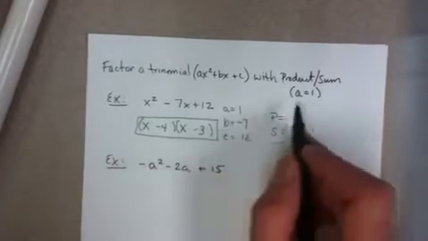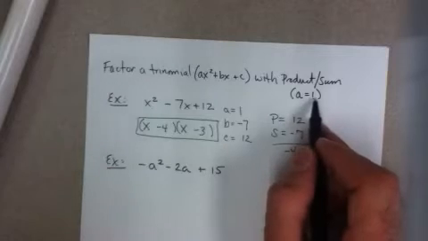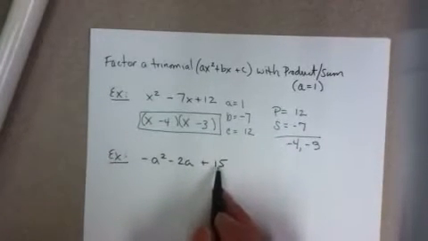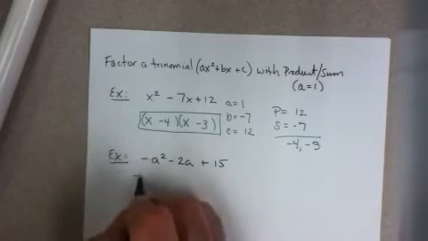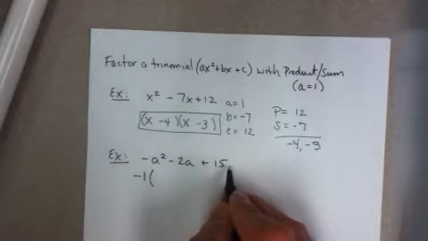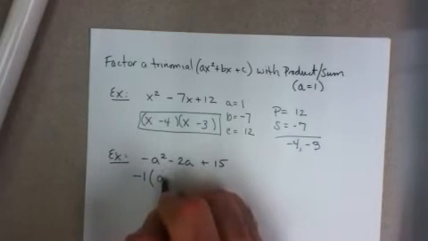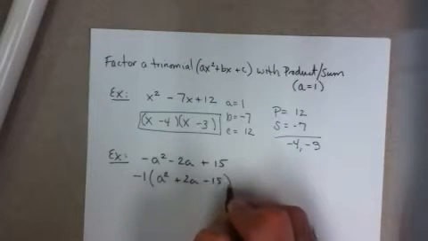So you might say, well, wait a minute, it doesn't really fit the case where it equals 1, positive 1. That could be true. However, if there is simply a -1 in front, we can do a quick fix by factoring out a -1 from the entire trinomial. In this case, that would leave us with a squared plus 2a minus 15.